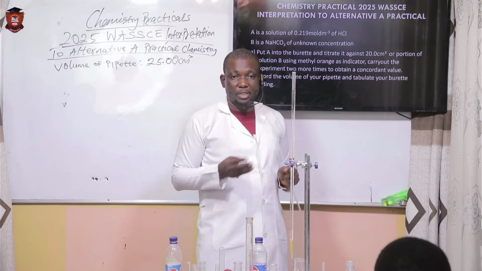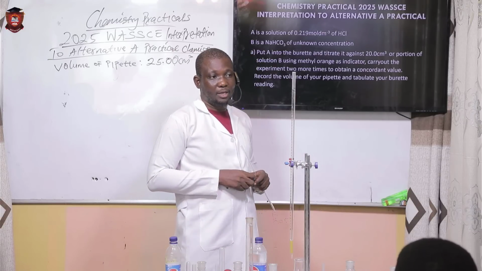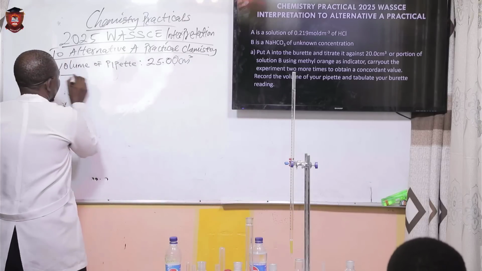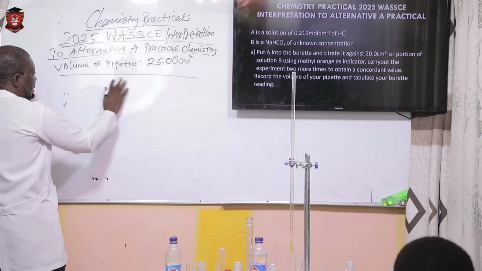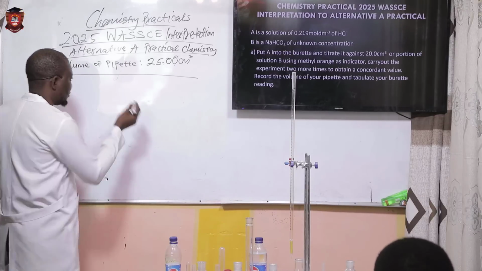The most important thing is to know the steps taken to carry out an experiment like this. So you see, I've not taken any reading yet, so I must be able to draw a table, something like this. There will be space in the answer booklet to do this.